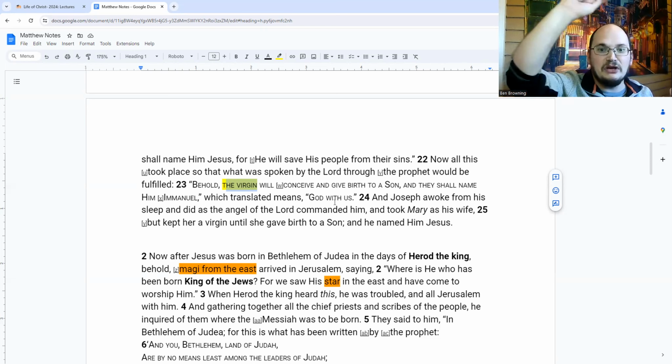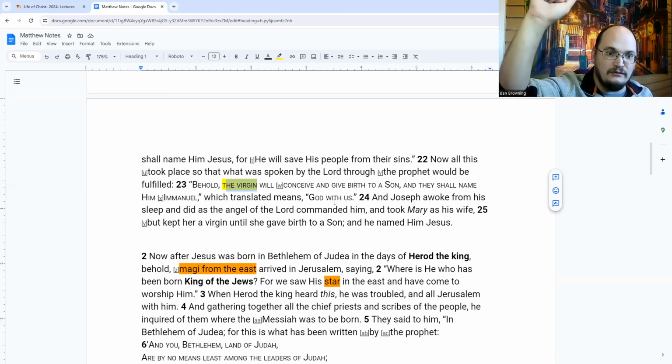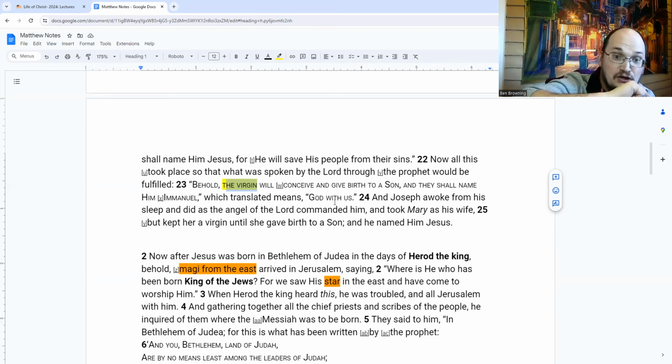He's not just going to have a young maiden give birth to a child of significance. He's going to have a virgin give birth to this child of significance. So it's not a double fulfillment, but more of an echoing. It's more of God echoing these ideas. So this can be complicated, and you have some other theories about this particular passage. You'll notice that it is a pretty controversial passage.